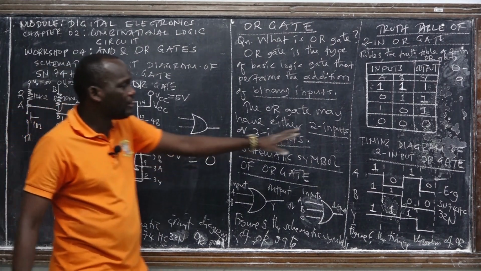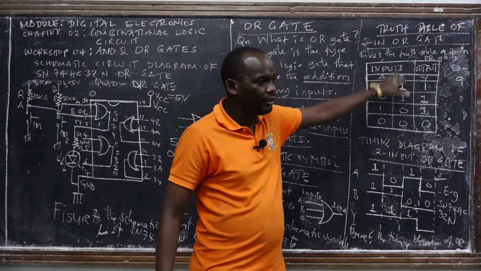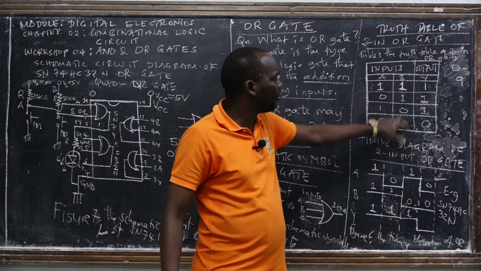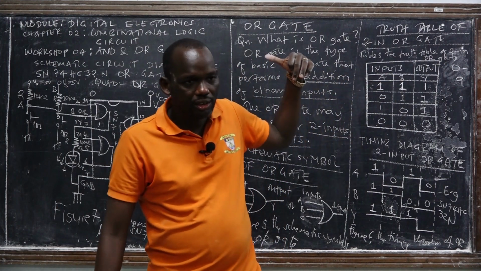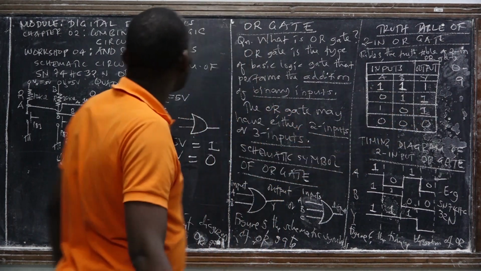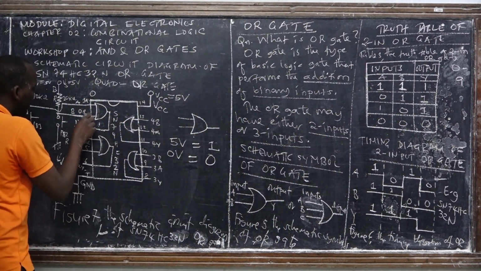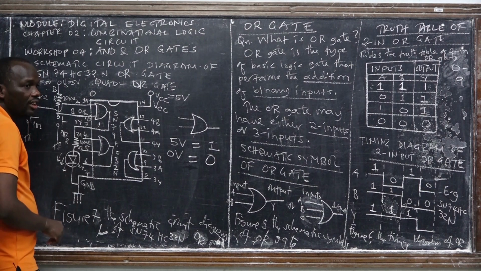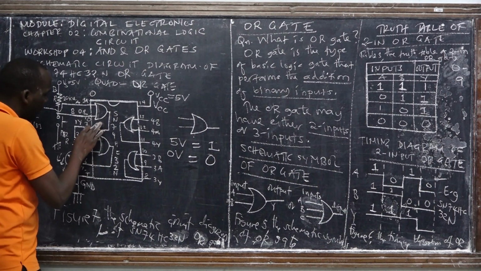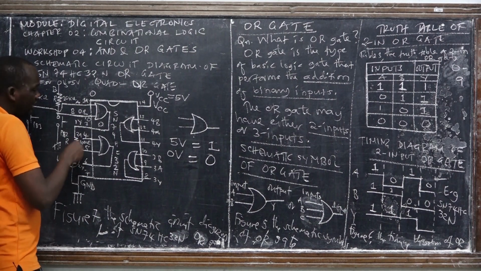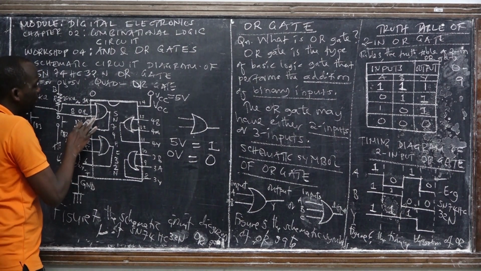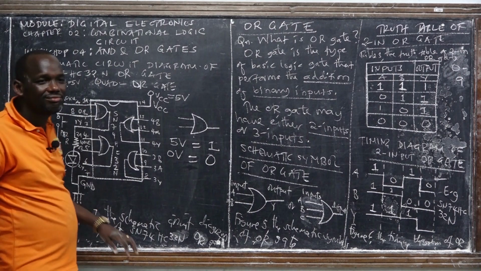And then the fourth status of input B, 0. How can you achieve it? Don't press, right? So you have 0 or 0, which is 0. What will happen to the LED? It turns off. Then that's all.